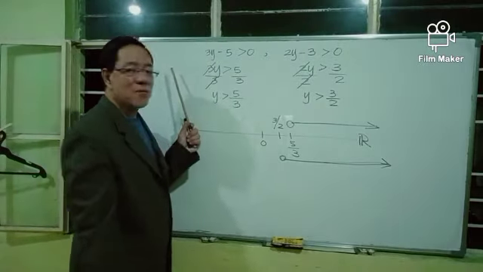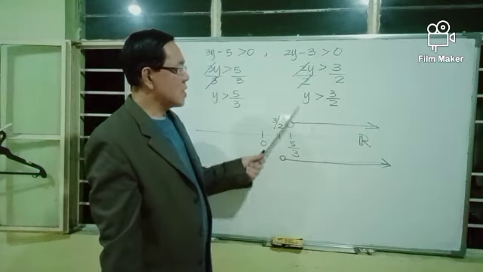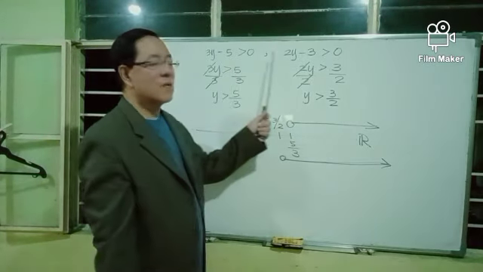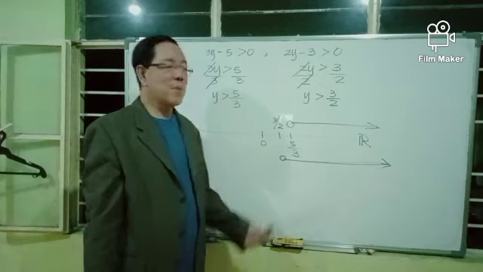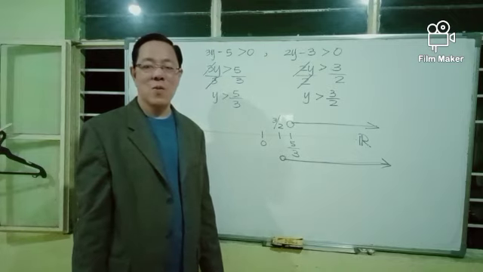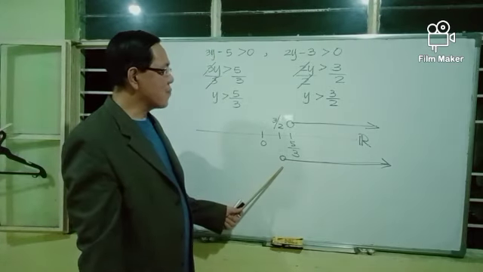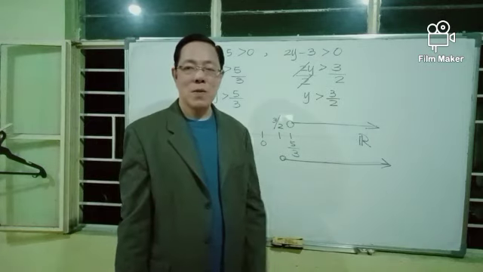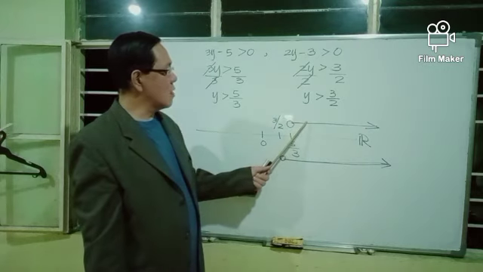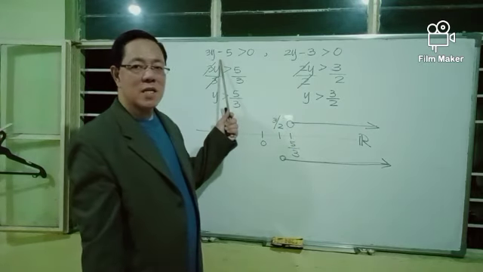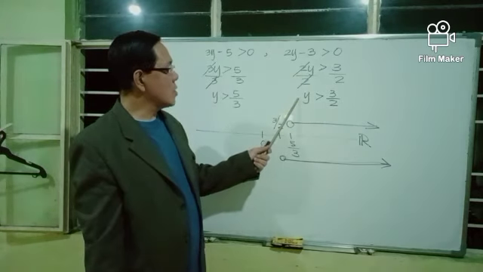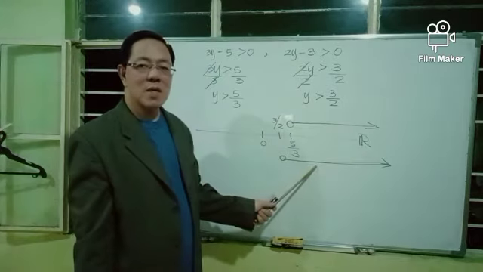For the solution of case 1, we take the intersection of the solutions of these two linear inequalities, because both of these linear inequalities must be satisfied by the values of y. In the diagram, you locate the real numbers that are common to the solutions of this linear inequality 3y minus 5 represented by this arrow, and the solutions of 2y minus 3 represented by this arrow.